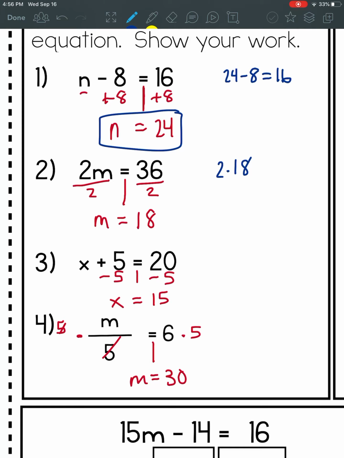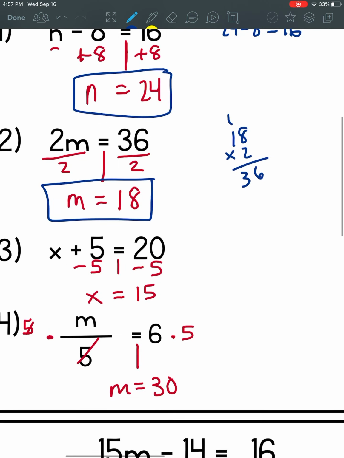2 times m, 2 times 18, and I am wrong because 8, 16, no, I'm not. Just kidding. I was thinking 38, but 2 times 18, if I stack these and do 18 times 2, then never mind, I was correct.